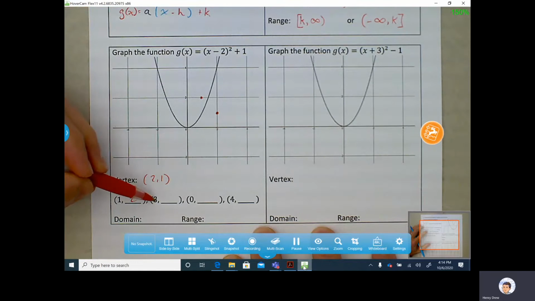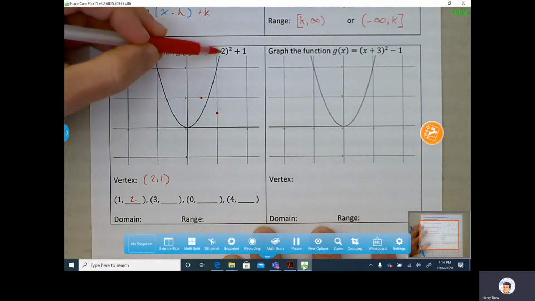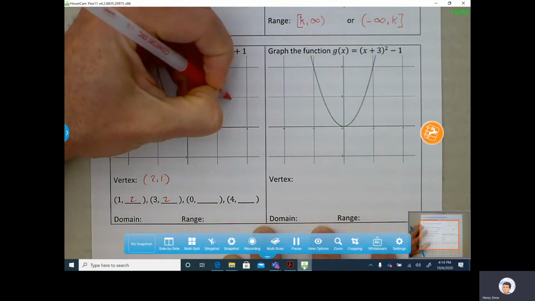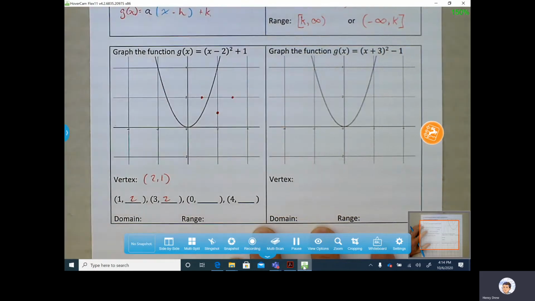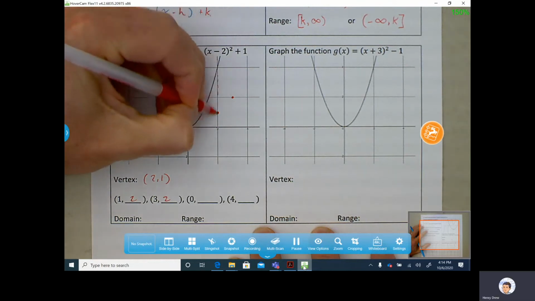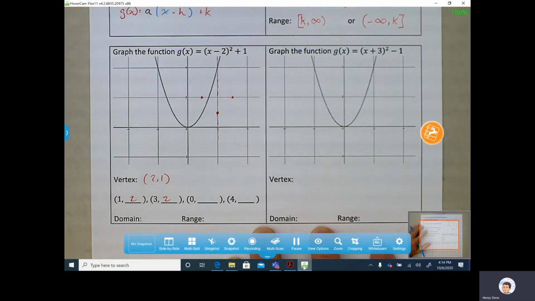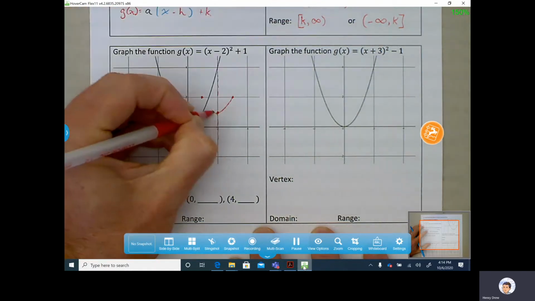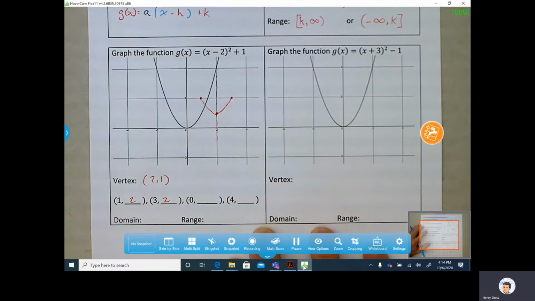We can do the same thing with 3. 3 minus 2 is 1, 1 squared is 1, and 1 plus 1 is 2. So 3, 2 is a point on our graph. What I really want to point out here is that parabolas are symmetrical. There's an axis of symmetry, and we can start to get a feel for how this is going to graph.